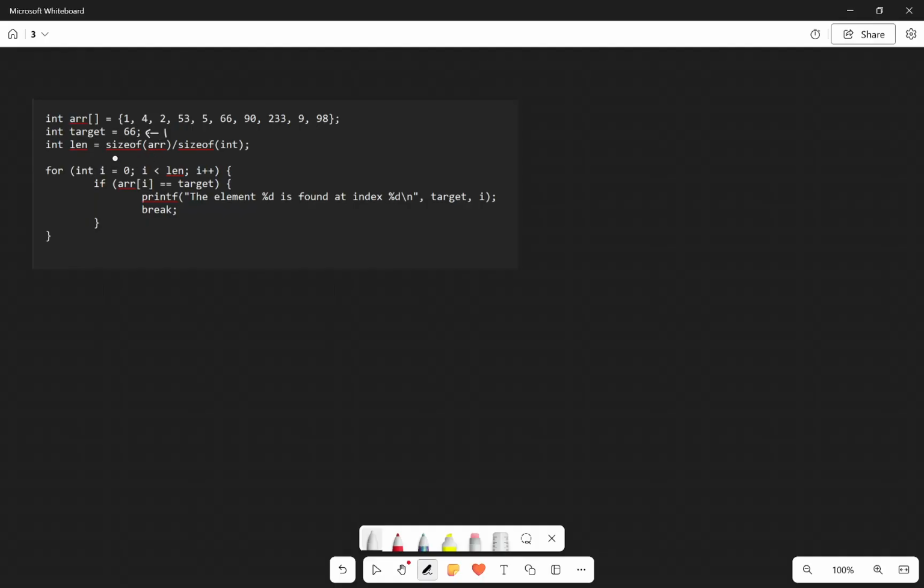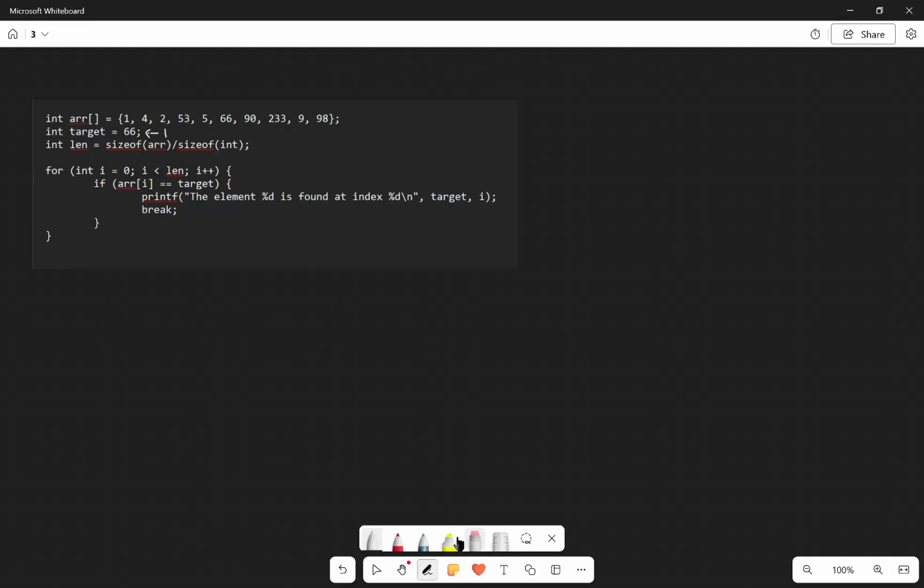That means the first value we check is the value we are looking for. The worst case is that this could be either 98 or a value that doesn't exist, like 100. If the target is 100, we would have to go through all the elements in the array, but either way, we went through all the elements.